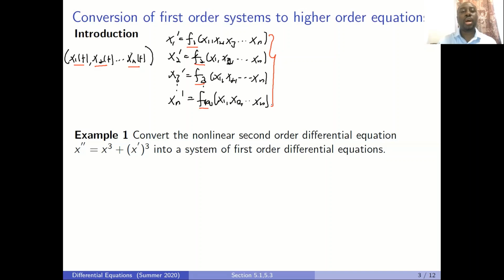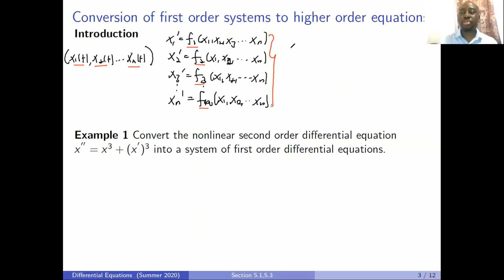We know how to deal with any single one of these equations. We've learned a whole bunch of techniques in the very first set of lectures on how to deal with first order equations. So how do we deal with a system of first order equations? This is the basic idea.